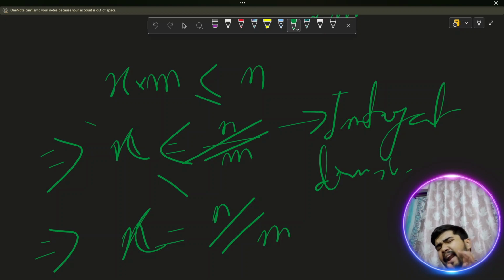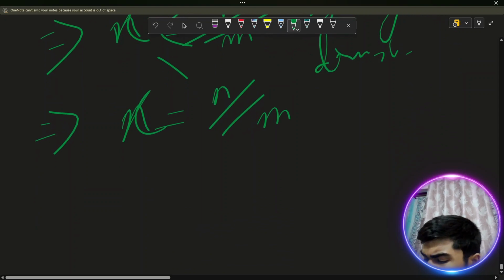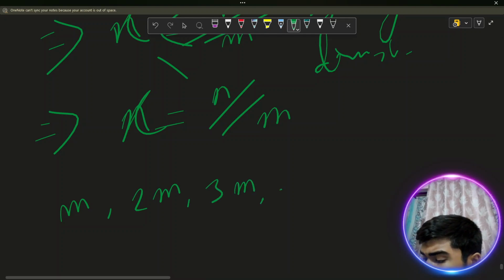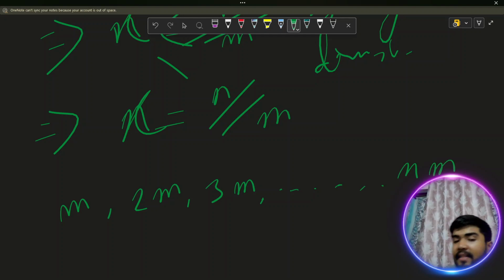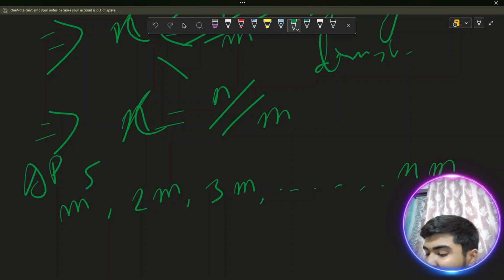So now, can I put something here? I just saw my multiples going from m, then 2m, then 3m, like this. We have this series going up to xm. That is nothing but an AP series, having common difference d equal to m.